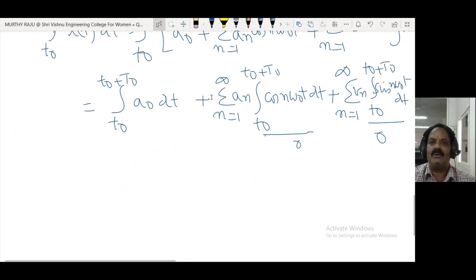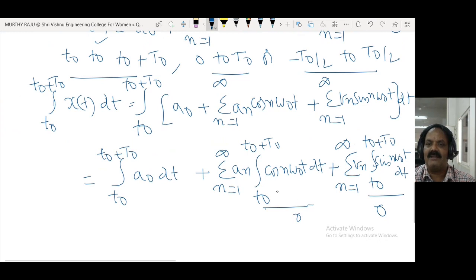Finally, according to trigonometric fundamentals, these two integrations are equal to 0.